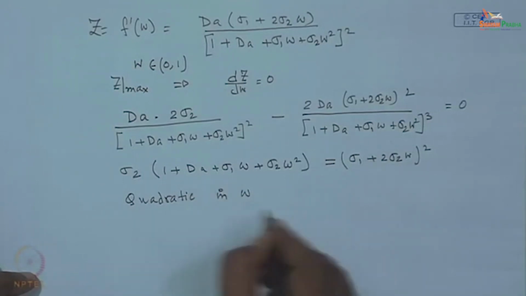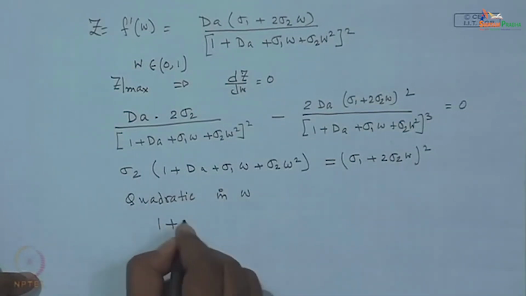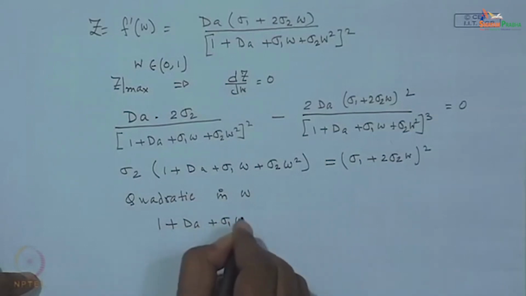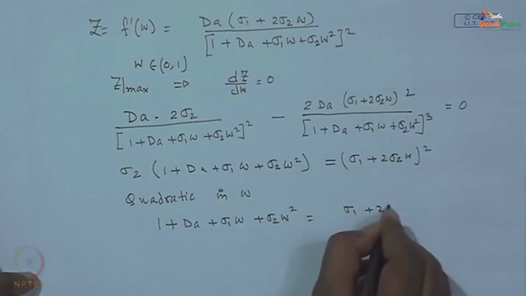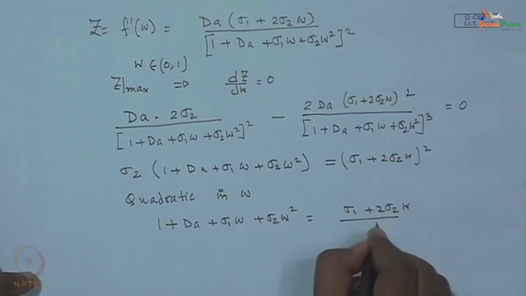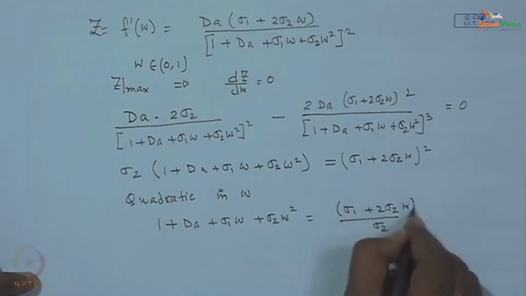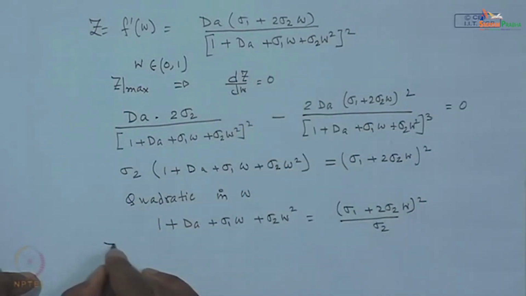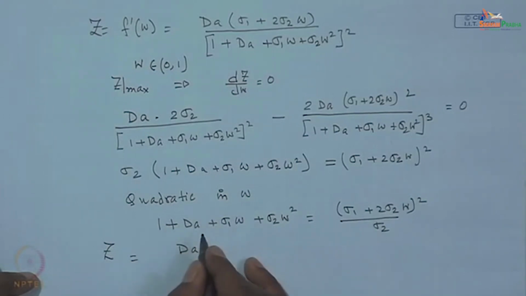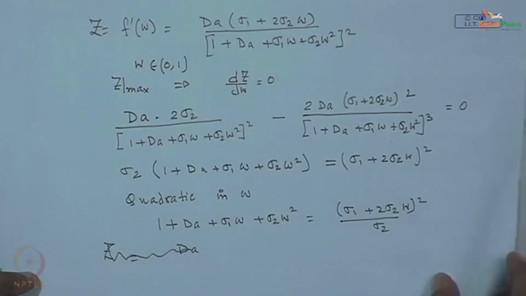So, if we do that, this becomes 1 plus dA plus sigma 1 W plus sigma 2 W square equal to sigma 1 plus 2 sigma 2 W divided by sigma 2, squared. So, if we substitute it over here, Z becomes, okay, we will just write in the next page.